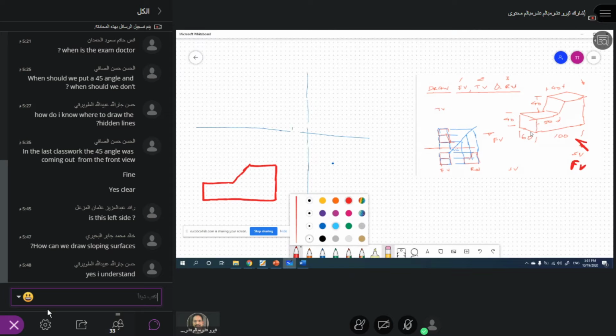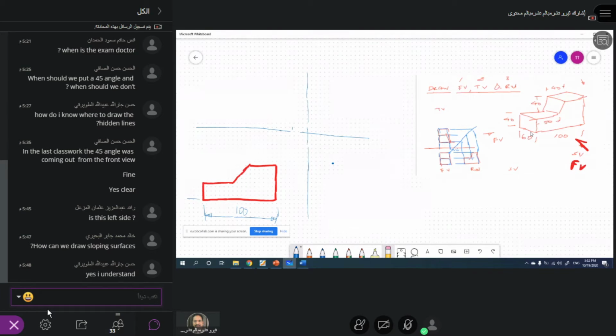So what I did first, I drew this line. This line is 100. It is given here. And this line is already given here as 40. So this will be 40. And then this one, which is given here as 50.